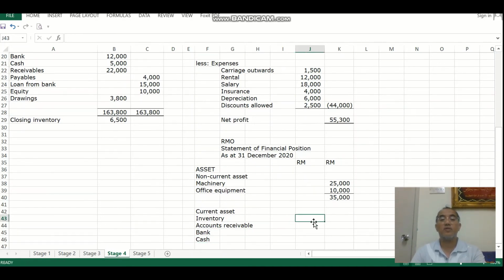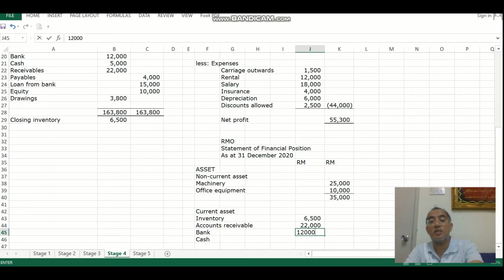So my closing inventory is 6,500. My accounts receivable is 22,000. My cash in bank is 12,000, and my cash in hand is 5,000.